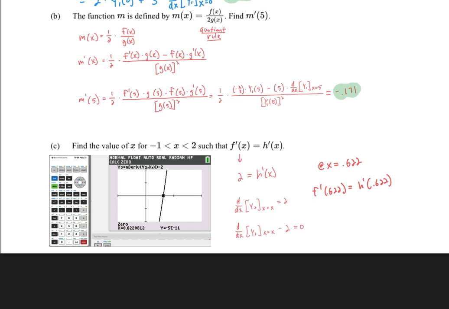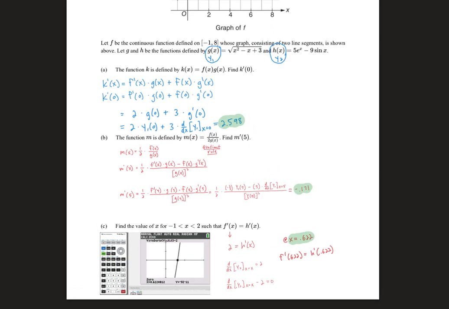You don't have to write that, but just to see clearly what this answer is. Okay, and that's it for this one. Whoops, get this all in view.